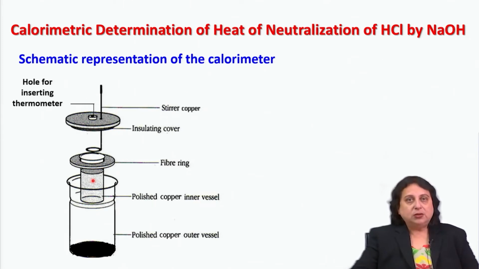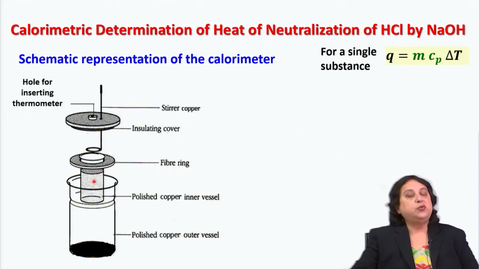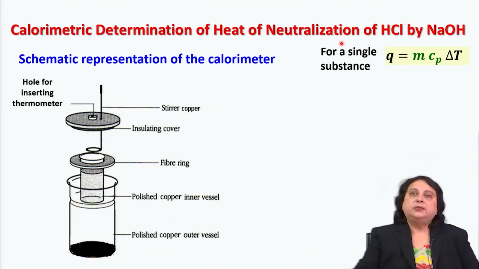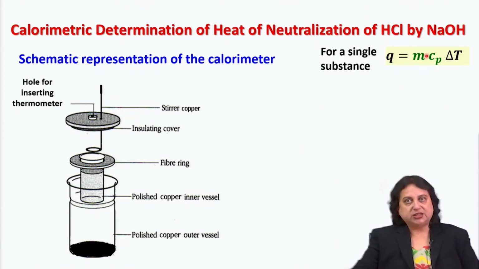Now, with all this set up in mind, the question is, how do I find Q? You would remember that if I am trying to find out the Q applicable for heating of a single substance, then Q is mass of the substance multiplied by the specific heat at constant pressure multiplied by the change in temperature due to heating. But here, do I have a single substance?